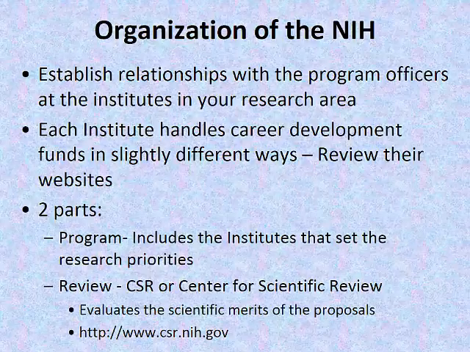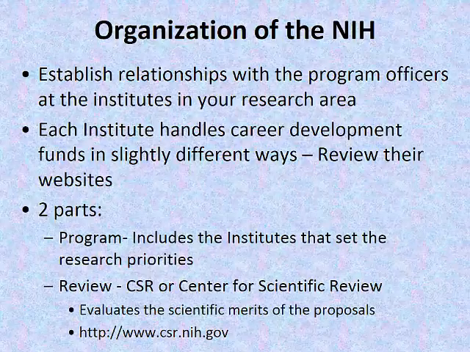So, when you're writing your individual K, as soon as you've got those specific aims written, you want to look online and see who the career development person is, attach the aims to an email to that person, and request a 20-minute phone call. Just so you can introduce yourself, review the aims, and find out strategically whether it fits in their institute and their plan.